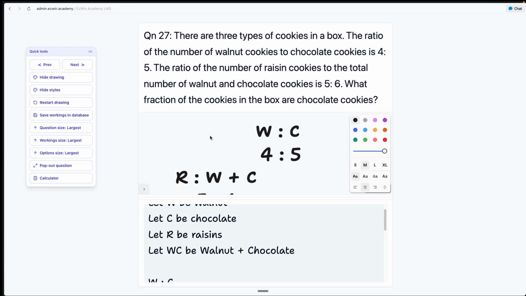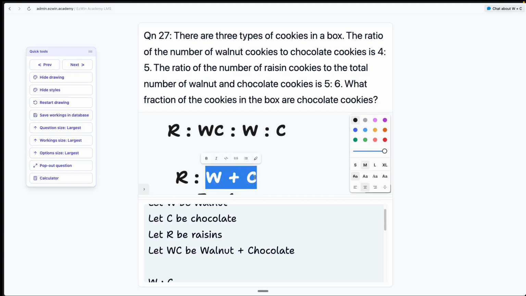So I would say R is to WC. I'm going to put it like this, so it's easier. And then W plus C is WC as well. So we know earlier that raisins to walnut and chocolate is 5 to 6.